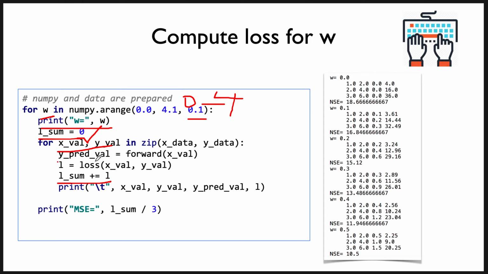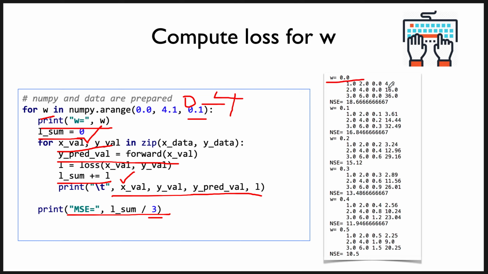Then we get the prediction value, and using the prediction value, we can compute the loss. We sum the loss. And we are going to print out these results. And the MSE at each step we can print out divided by 3, which is the mean over the values. As you can see, when W is 0, the MSE is something like this.